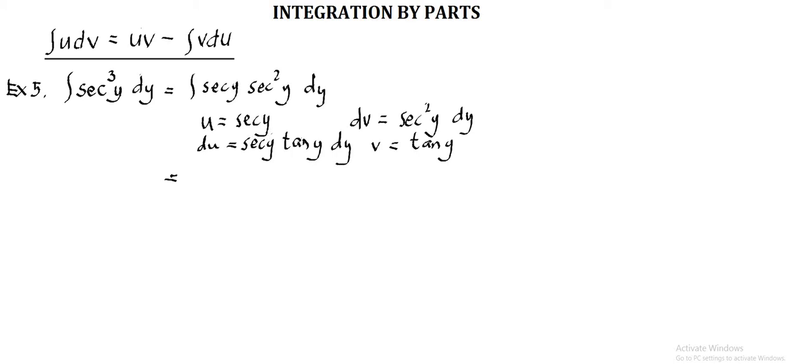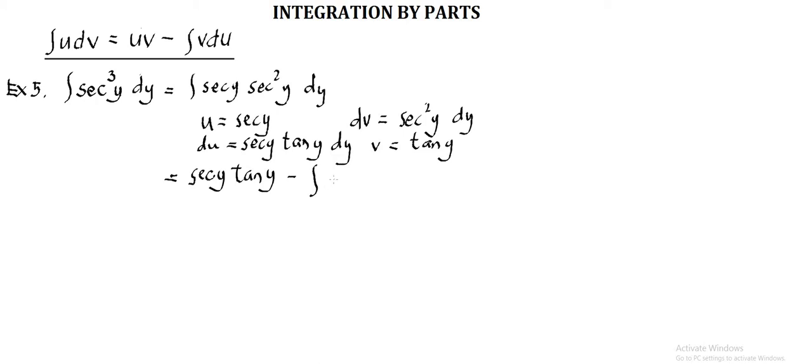So, our u times v is secant y tangent y. And then minus integral of v du, ang ating v du ay tangent y, secant y, tangent y dy.